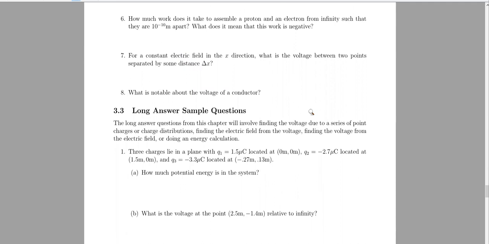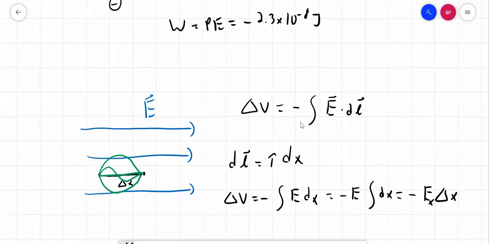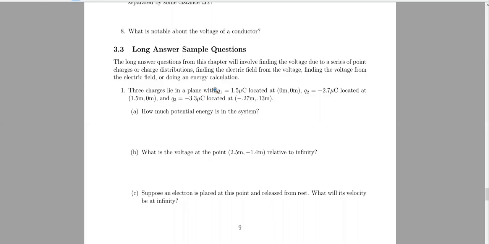All right, time for some long answer problems. So our first one has the same charges that we had in our other problem where we were doing forces. So there's one charge at the origin, there's one charge at 1.5, 0, and then there's another charge at this location.